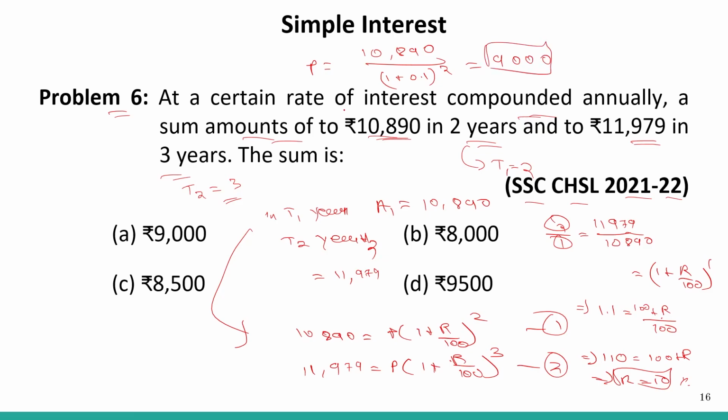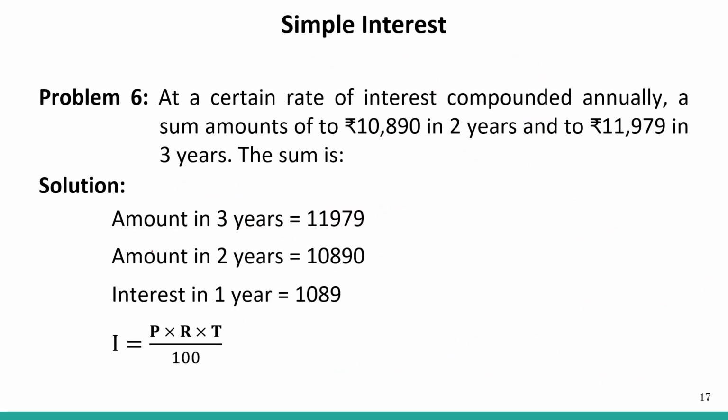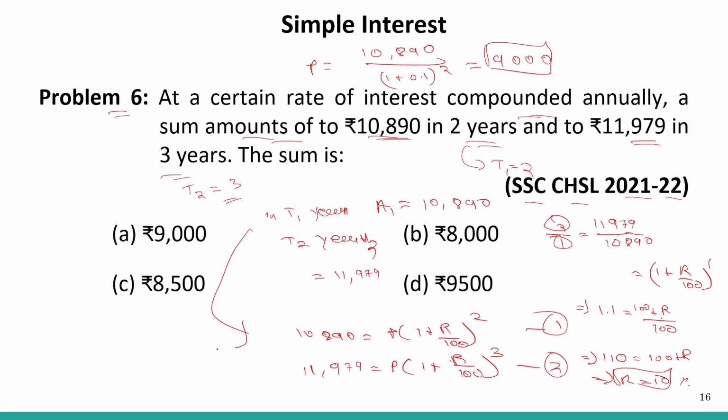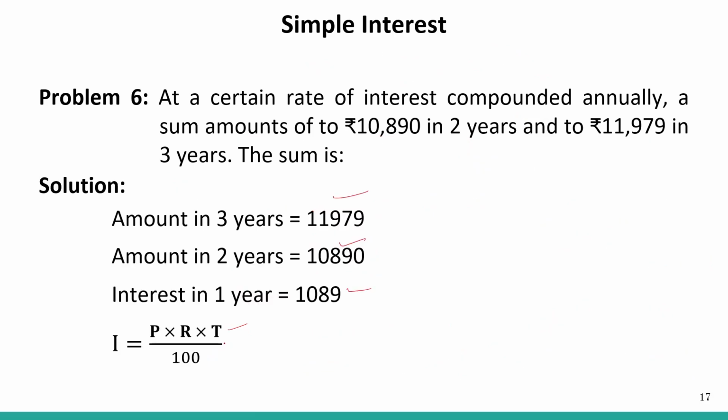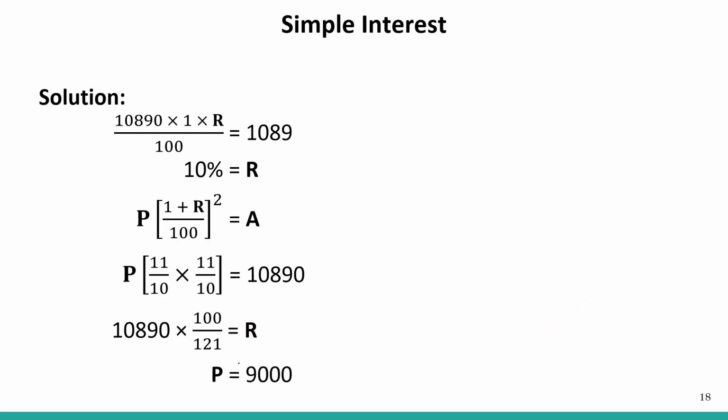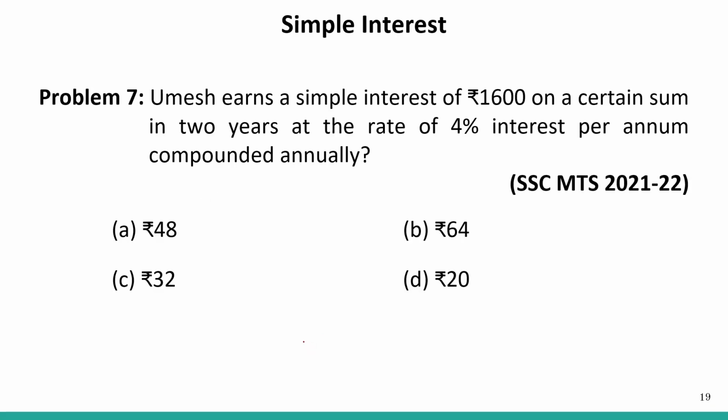So 9,000 will be the correct answer. The amount in 3 years is this much, the amount in 2 years is 10,890, and the interest in 1 year is 1089. So I is equal to PRT by 100, and the answer will be 9,000. So 9,000 will be the correct answer.